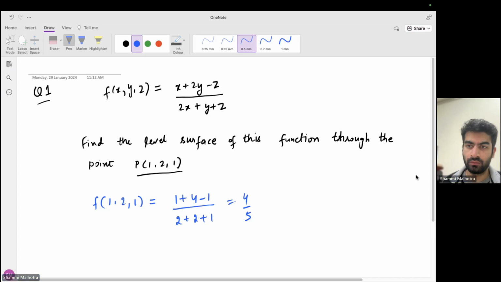So I would like to calculate the level surface when my function equals 4 by 5.